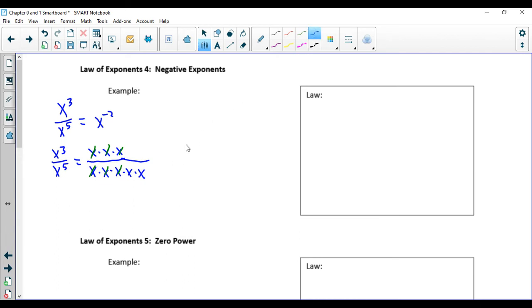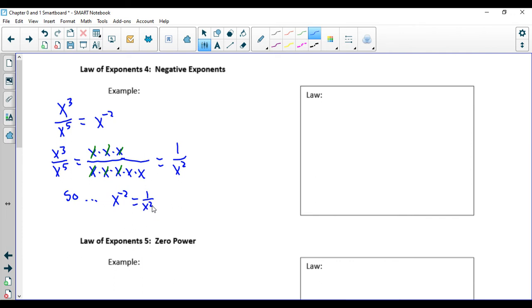And so I would be left with 1 over x squared. So what that's telling me is that x to the negative 2nd is equal to 1 over x squared.